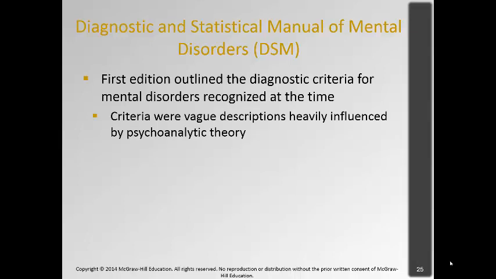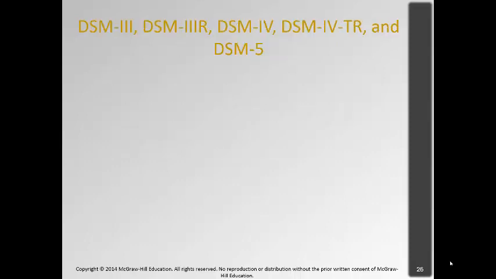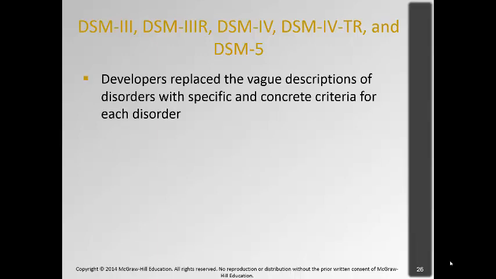In the initial edition, the criteria were very vague, and the descriptions were heavily influenced by psychoanalytic theory. They were very subjective and required the diagnostician to make a lot of inferences. The DSM-2 was a revision of the DSM-1 and included more diseases. But it was really only when we got to the DSM-3, 3R, 4, 4R, text revision, and 5 that we really saw significant changes to the DSM.